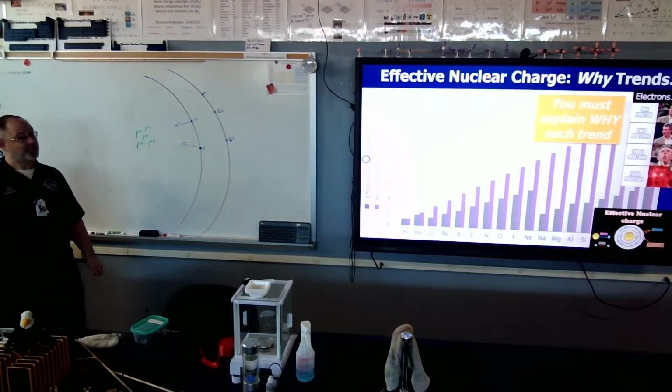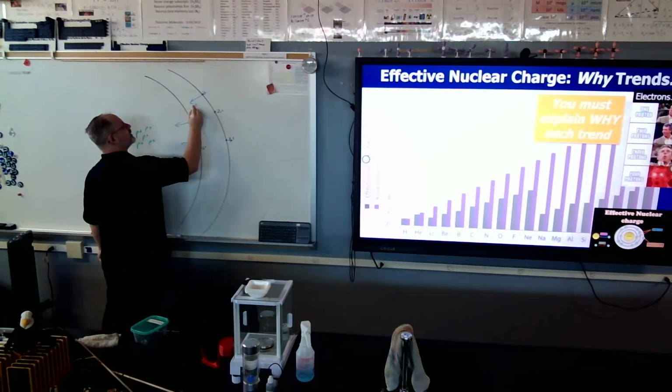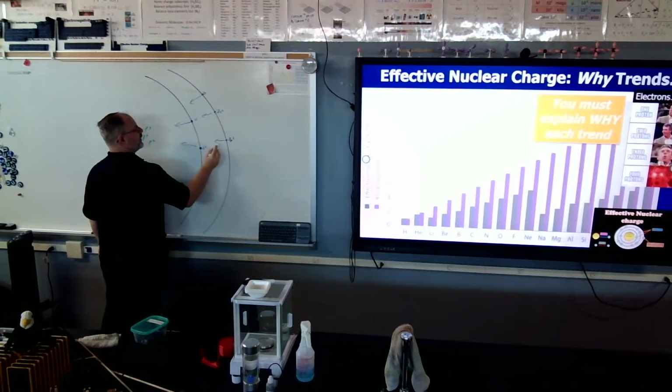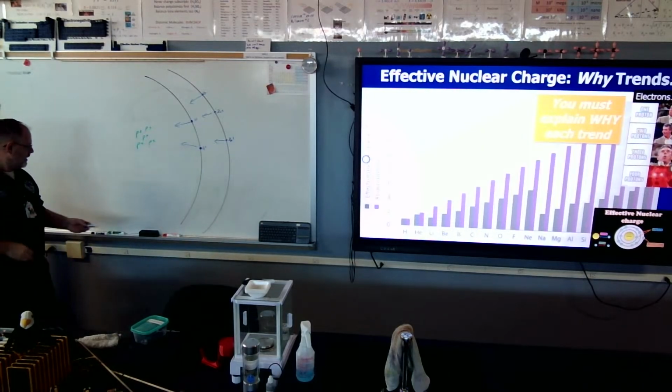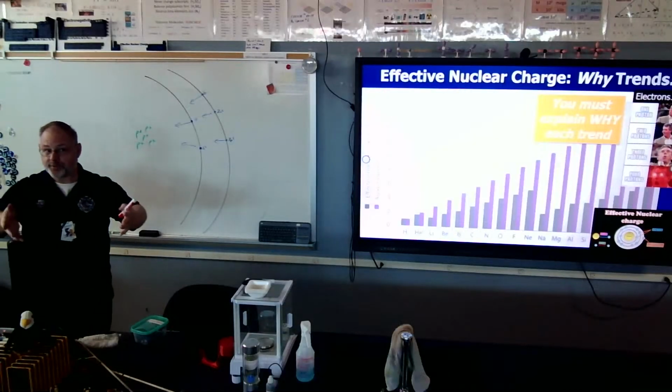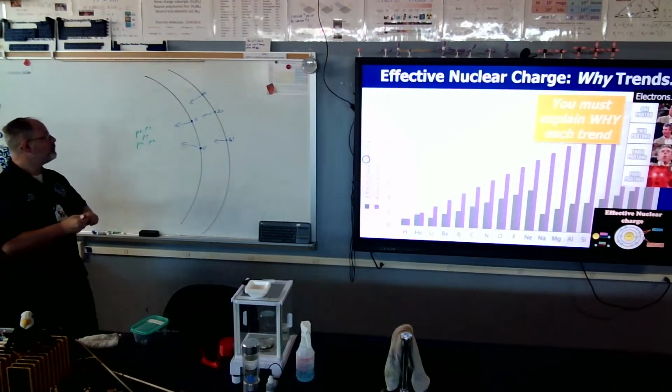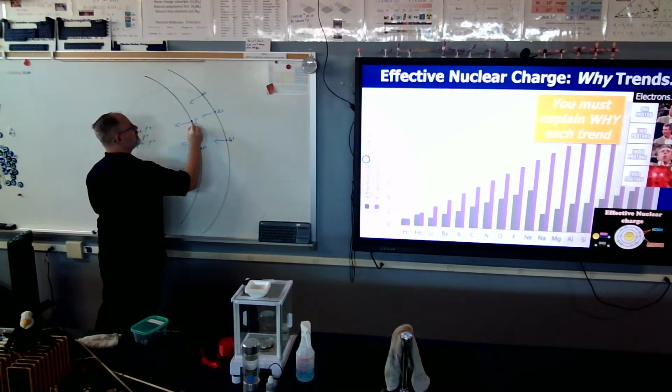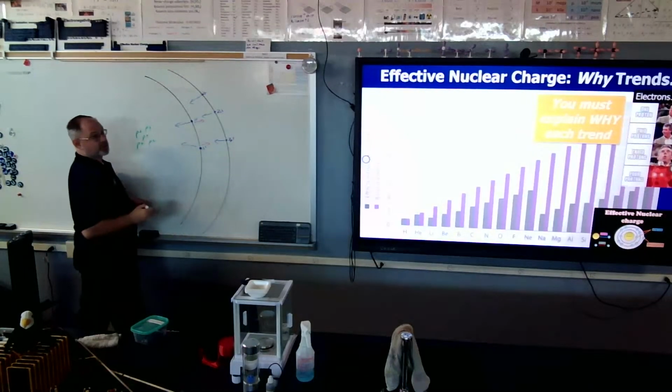Yes. They're still electrons. They're also attracted to the nucleus. But there's an issue. Their attraction is somewhat rebuffed, canceled out, by the repulsion of these 2 electrons for that electron.